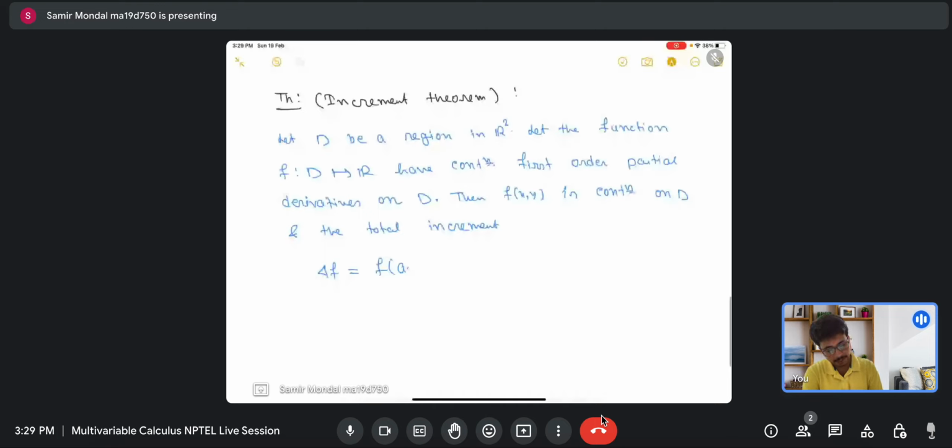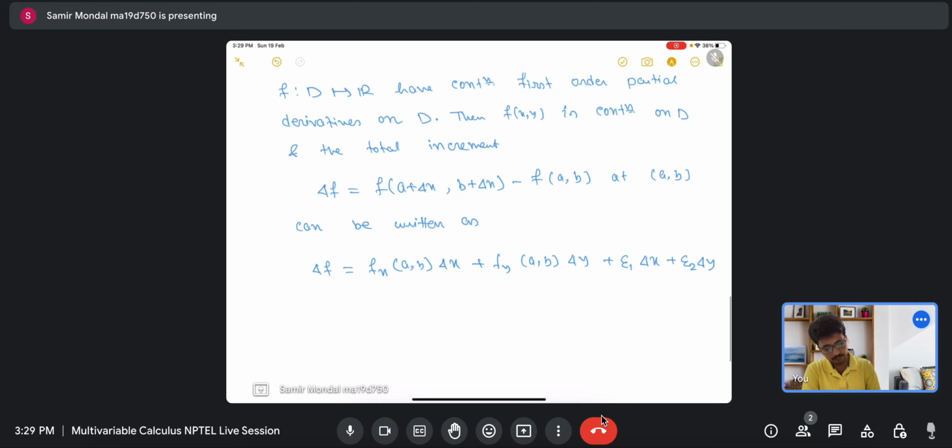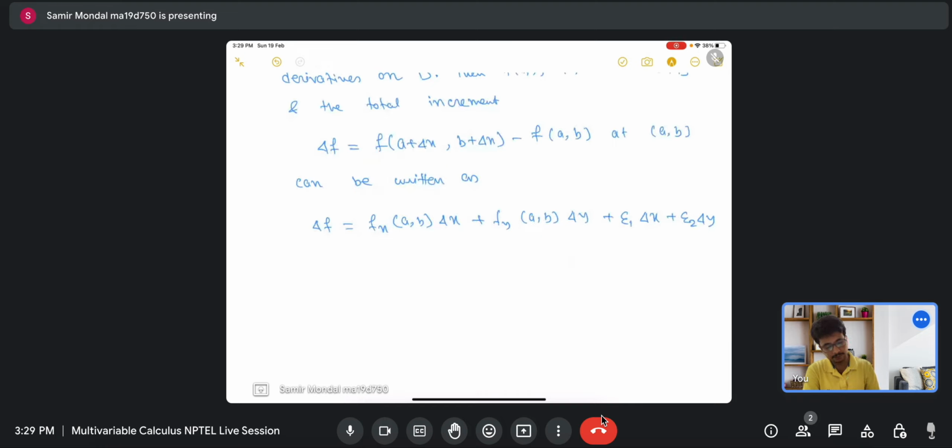This total increment can be written in one interesting form: the partial derivative with respect to x at the point (a, b) times del x, plus f of y times del y, plus epsilon 1 del x plus epsilon 2 del y, where these two real numbers epsilon 1 and epsilon 2 tend to 0 as both del x tends to 0 and del y tends to 0.